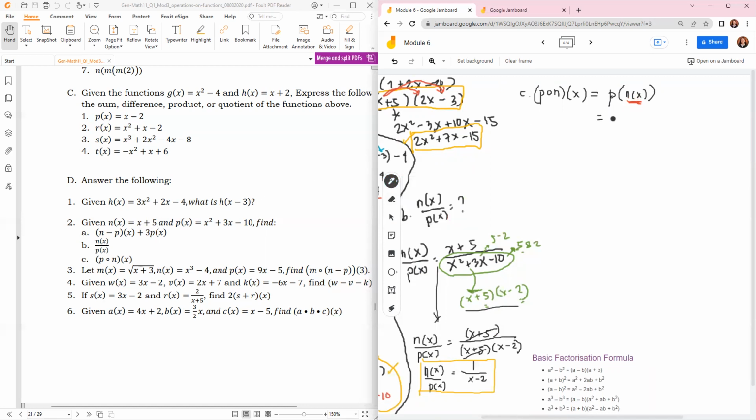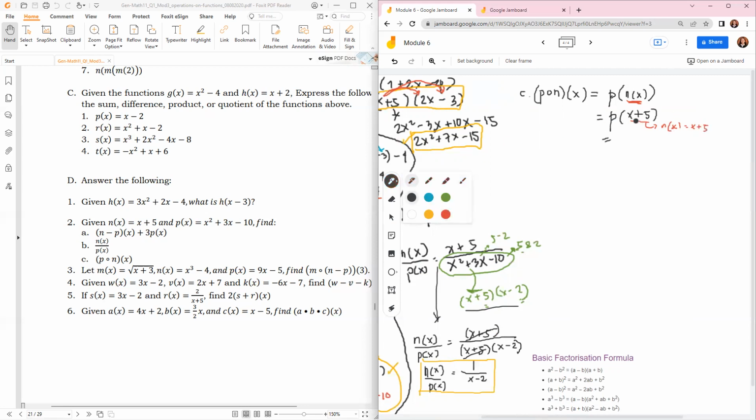Our n of x is equal to x plus 5. Since n of x equals x plus 5, we put x plus 5 inside the parentheses of P, because that is the definition of n of x.